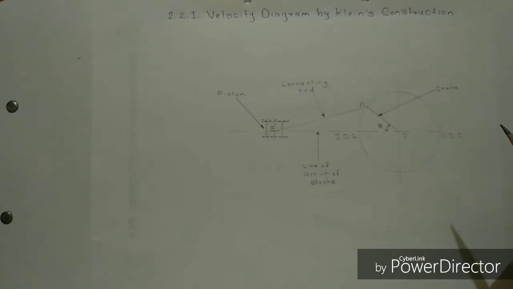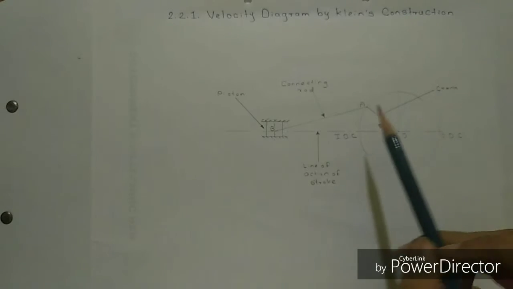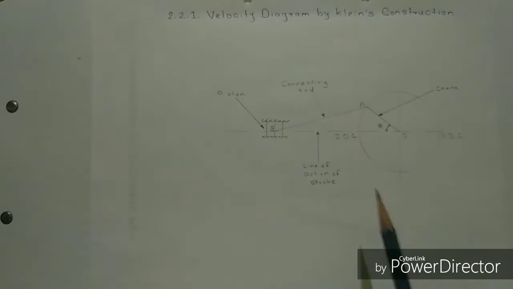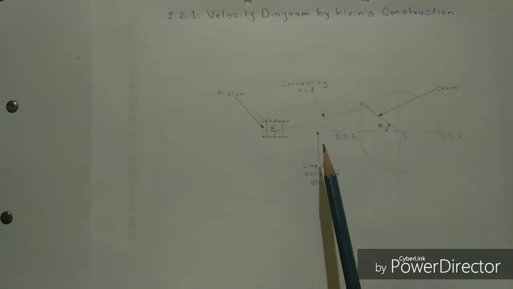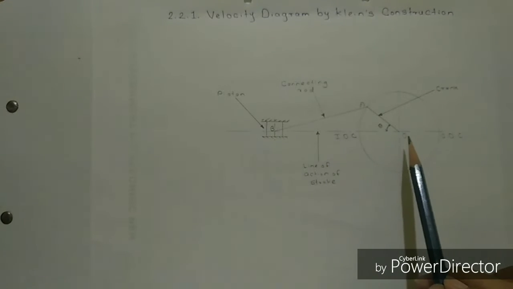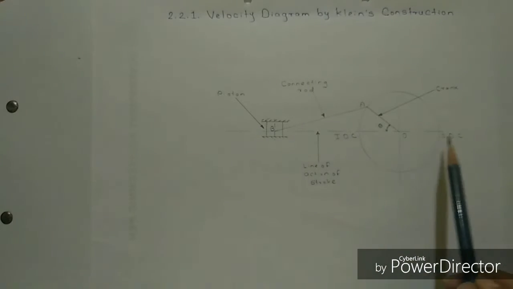Now, belonging to the procedure, we draw this configuration diagram with suitable sketch for velocity diagram. Now we have to draw the perpendicular to OB, that is the line of action of stroke from point O, that is the vertical line OC.